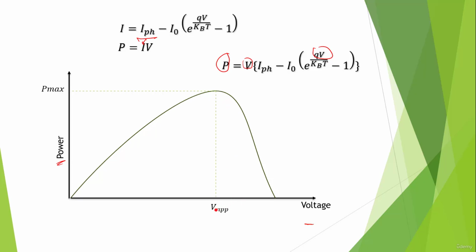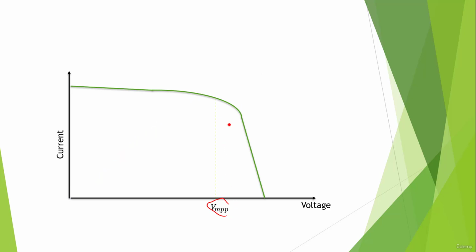At this voltage, we will have a current called the maximum power point current. So we can summarize that at the maximum power point current and maximum power point voltage, the output power of the solar cell is going to be the maximum power.